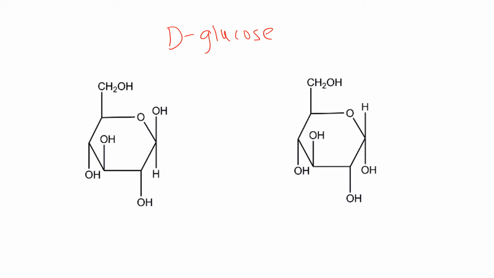Once you've oriented yourself, you can start to number your carbons that are in the ring, and we can figure out if this is the alpha anomeric form of glucose or the beta form. I'm going to start with my oxygen right here and move clockwise, or down to the right.